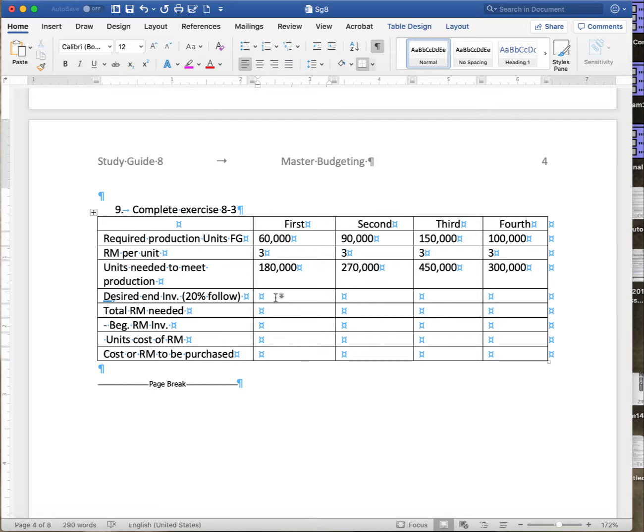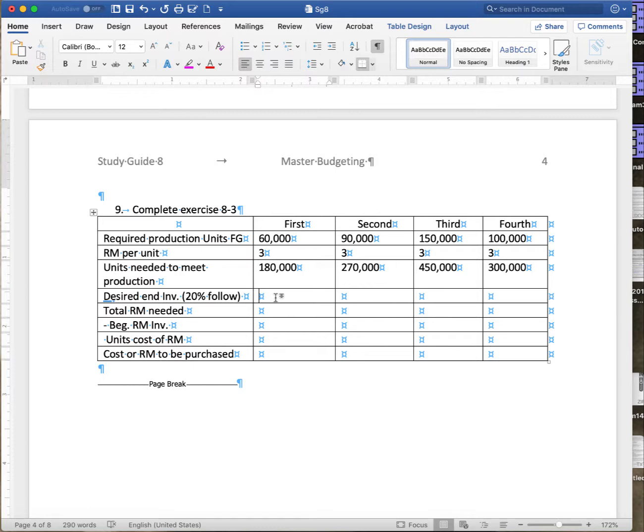Now we can figure out, how much am I going to need to make to get my desired ending inventory? So I know that my desired ending inventory is 20% of the following month's units needed to meet production. Well, in the following month, I need 270,000 units of musk oil times 0.2, or 20%.